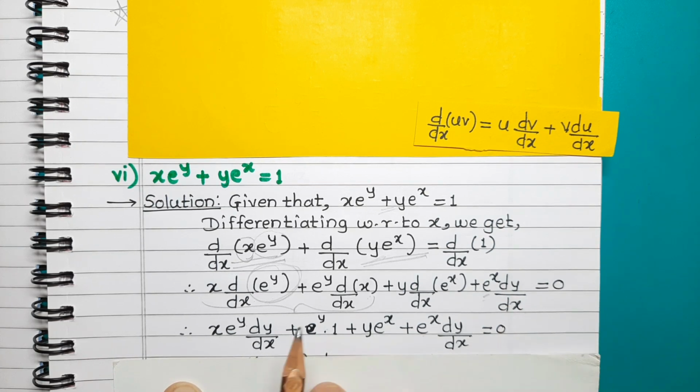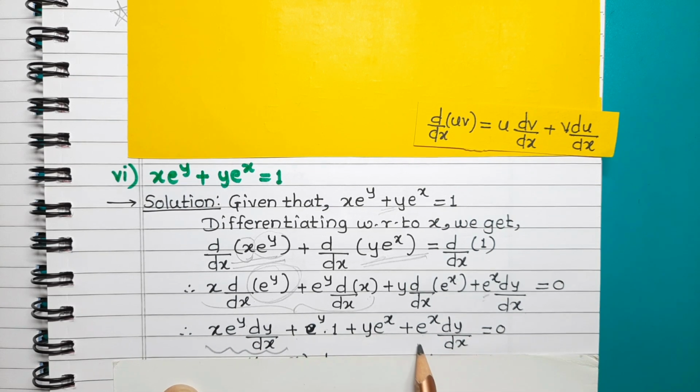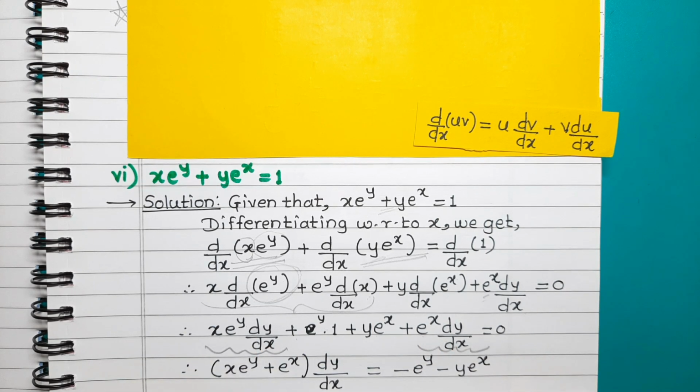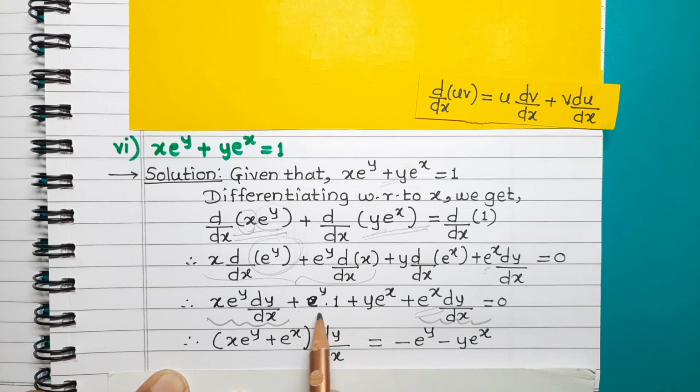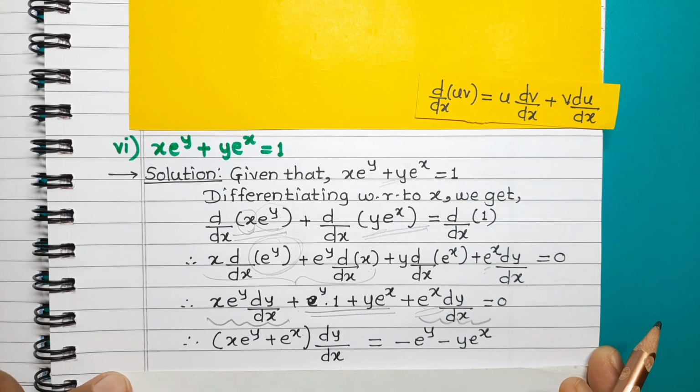And now the picture is very clear. Here we are going to collect terms containing dy by dx. So collecting dy by dx from these two terms, from this term we have x into e raised to y, and from this term we have e raised to x, by taking dy by dx common, and we have shifted these two terms on RHS: minus e raised to y minus y into e raised to x.